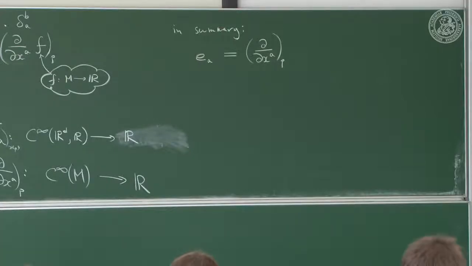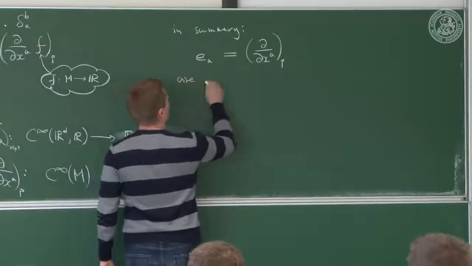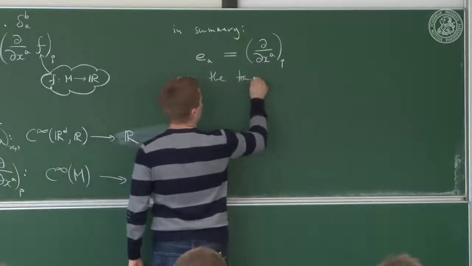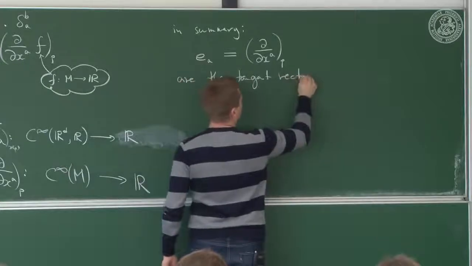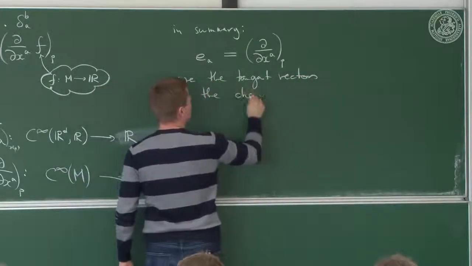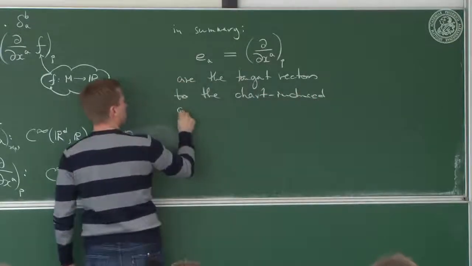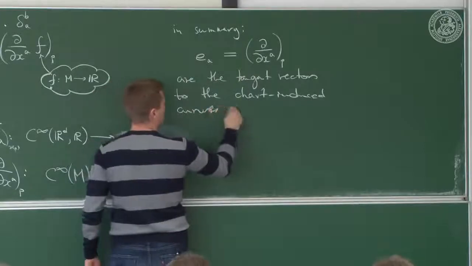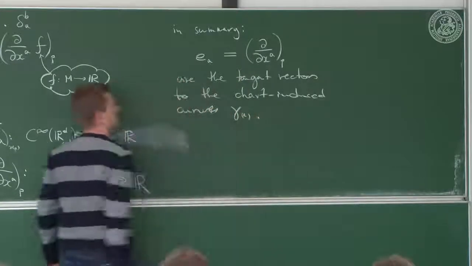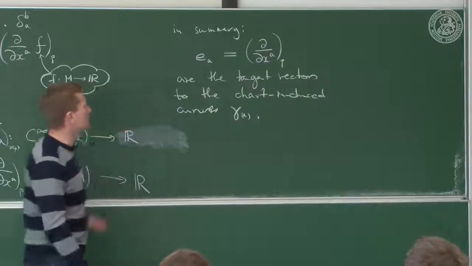So these were the tangent vectors to the chart-induced, coordinate-induced curves gamma_a. Now, what's their meaning? Why do I look at these specific curves and their tangent vectors?